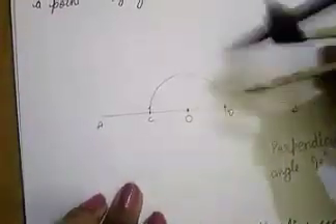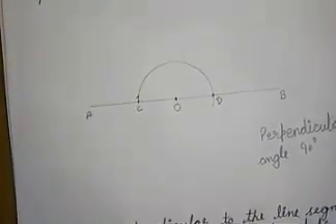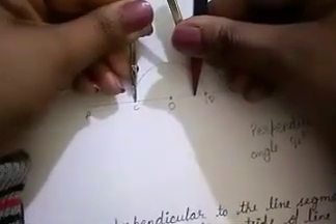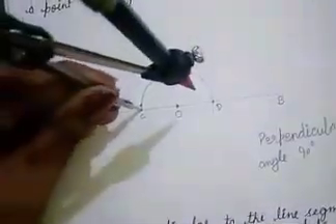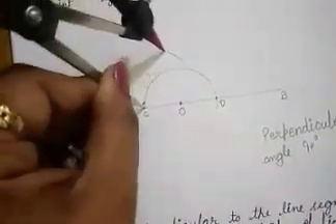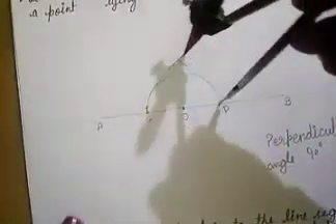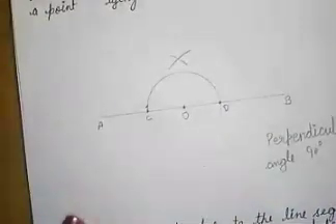So what we will do? We will take these C and D points as centers and radius more than half of CD. So if CD is this, so more than half is this. This is the radius, and we are taking C as the center. And we will put an arc like this from center C and another arc from center D, which will intersect the previous one.